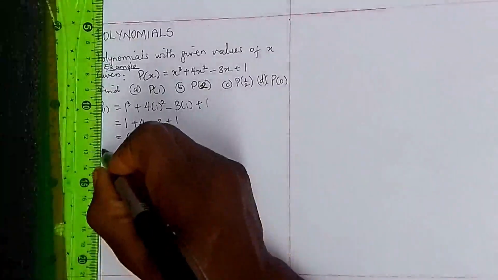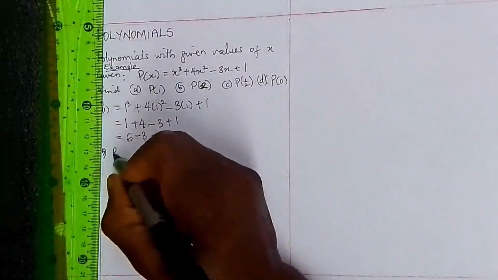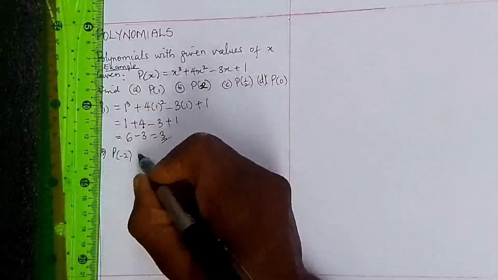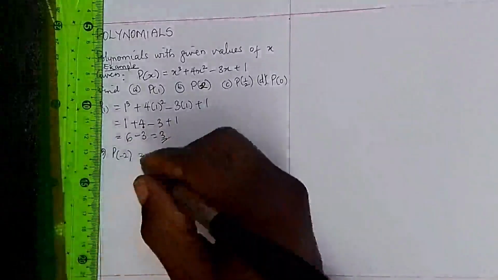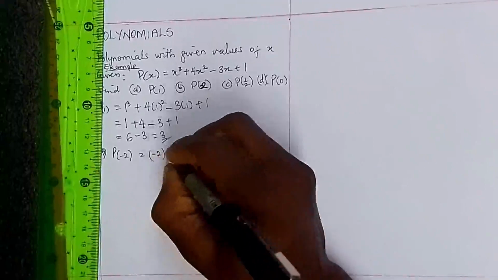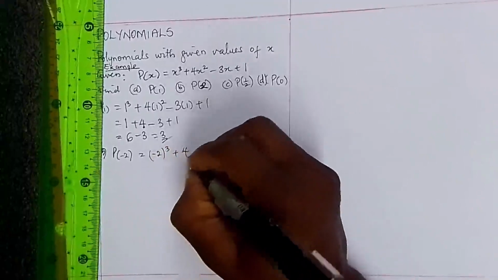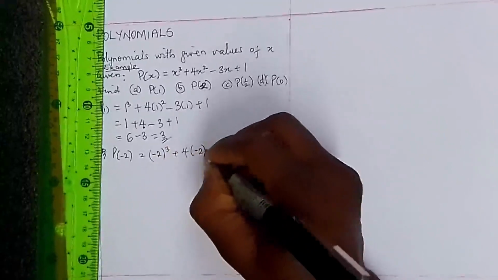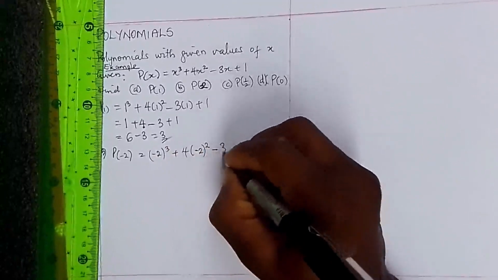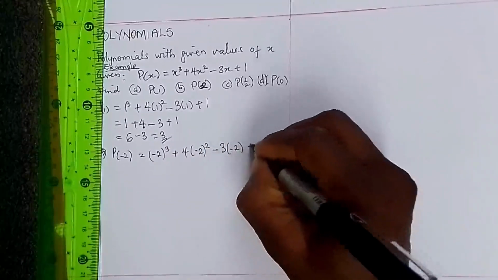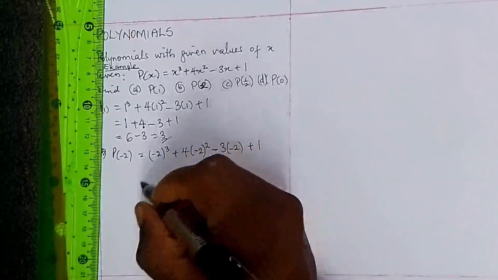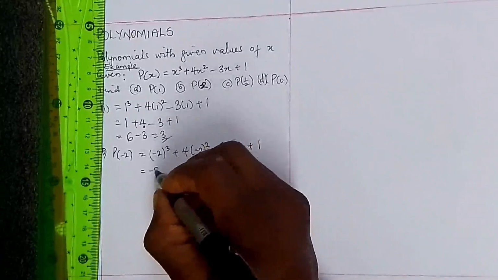The next one, P of -2. Now anywhere we see our x, we put -2. So we have -2 raised to the power of 3 plus 4 times -2 raised to the power of 2 minus 3 times -2 plus 1. -2 raised to the power of 3 is -8.